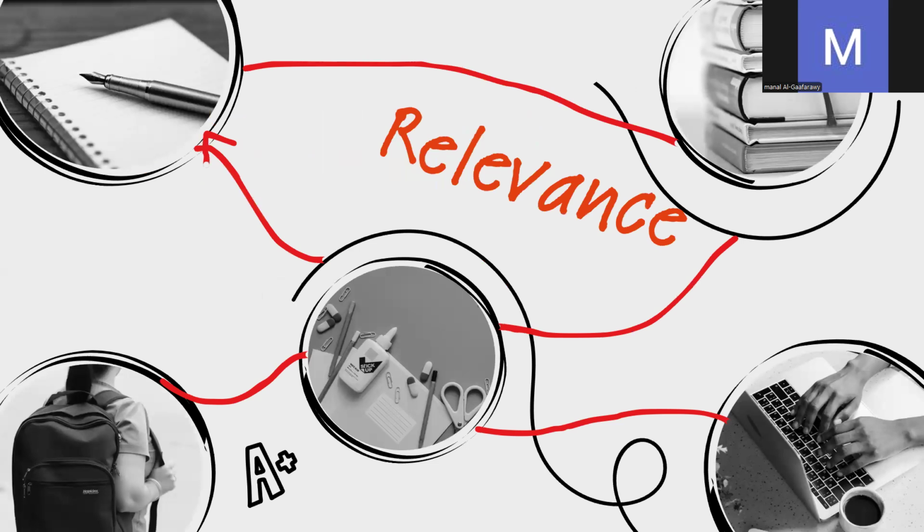Moving on to the second criterion, which is relevance. This criterion focuses mainly on whether the piece of information is related to the topic and whether the student checks several sources or just relies heavily on one source.